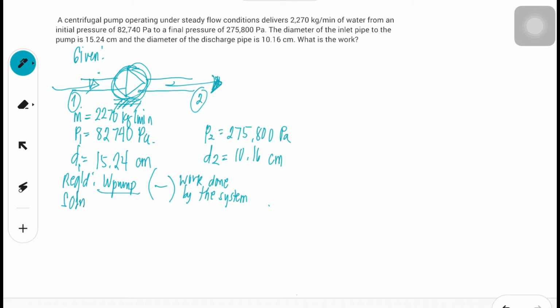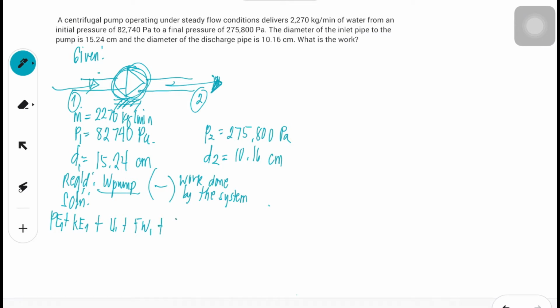The solution: we all know that all energy entering is equal to all energy leaving the system. So we have the kinetic energy at point 1, potential energy at point 1, plus the internal energy plus the flow work at point 1.